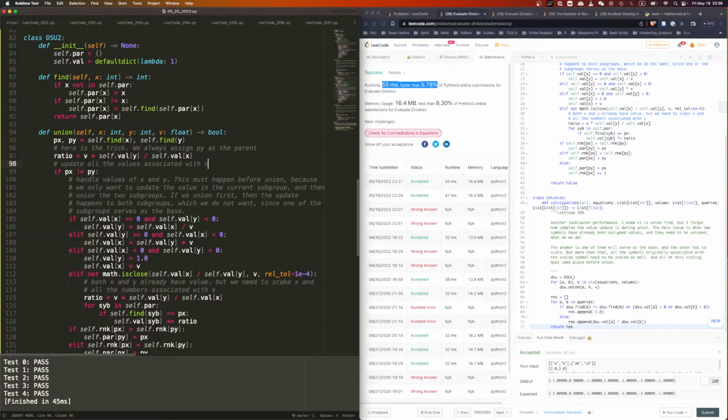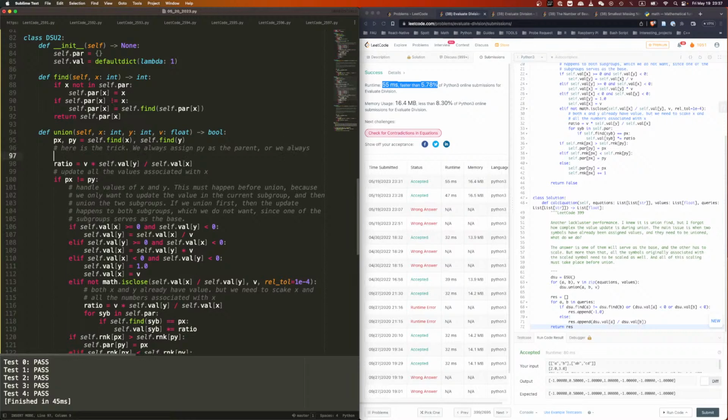Because we say y is the root, y is the parent of x, so x is relative to y. We always consider x in terms of y.